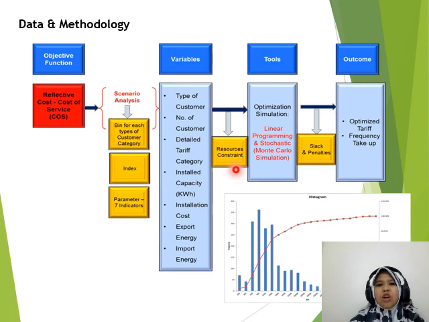We have the constraint of resources, and we also use slack and penalty. This will give the optimized tariff and the frequency take-up for future customers.